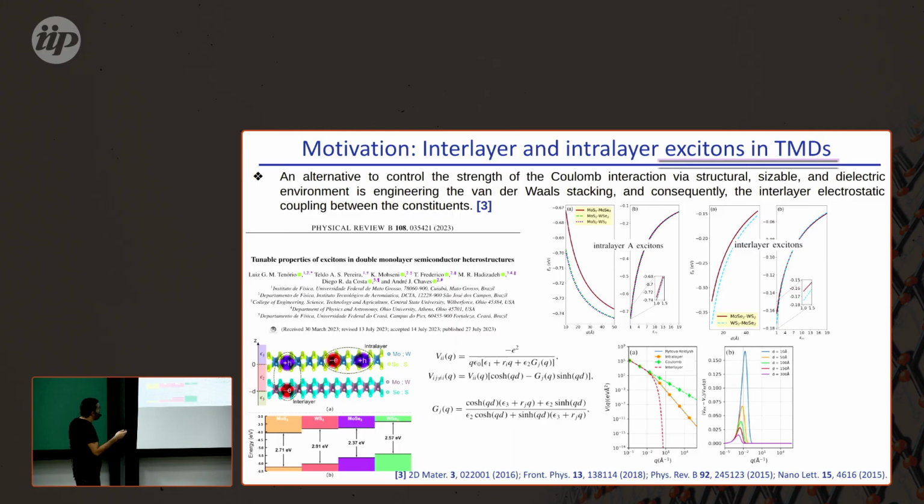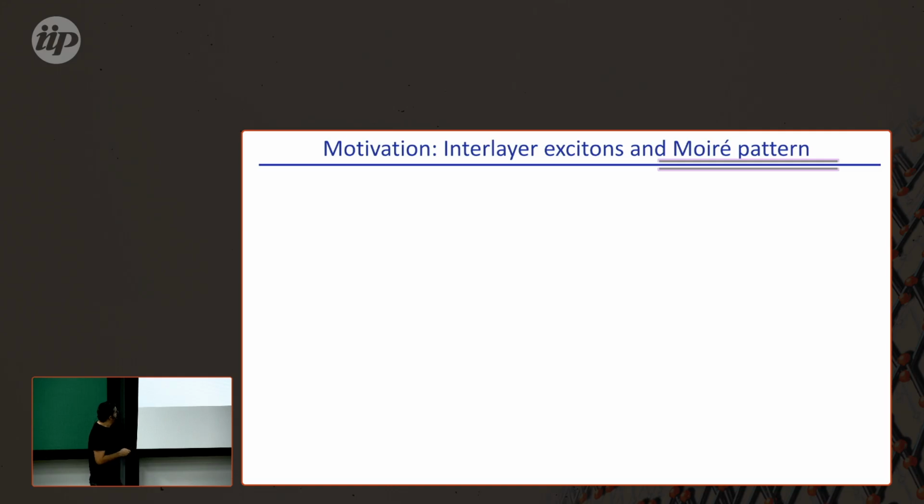We explored this for the intralayer and interlayer situations. So putting another layer makes a difference in your exciton properties.